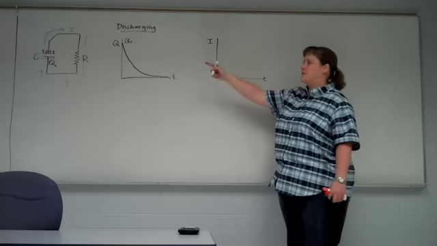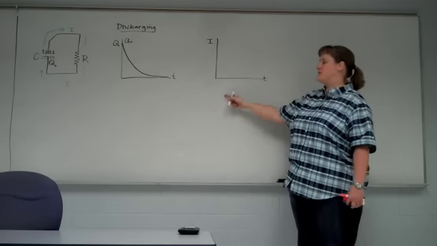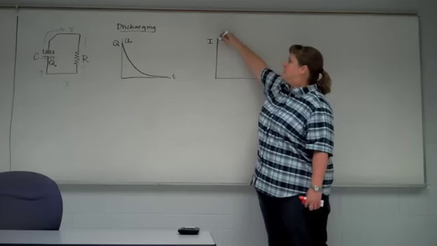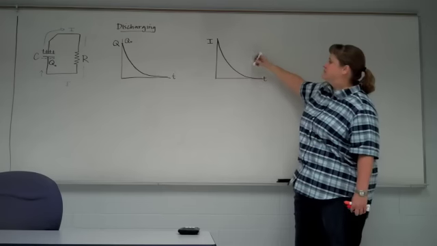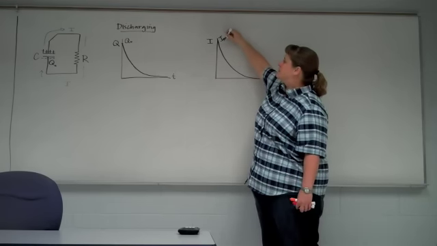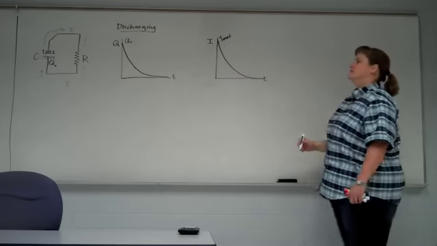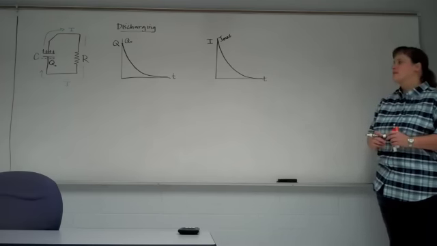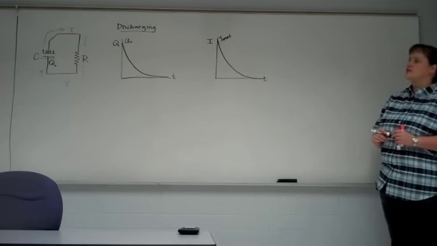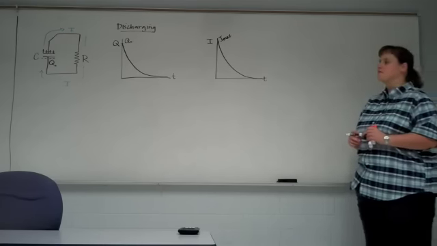Technically, if we look at this negative slope, it would be down here. I'm going to just draw the absolute value of it. So absolute value-wise, the current also starts with the maximum value and decreases to zero.